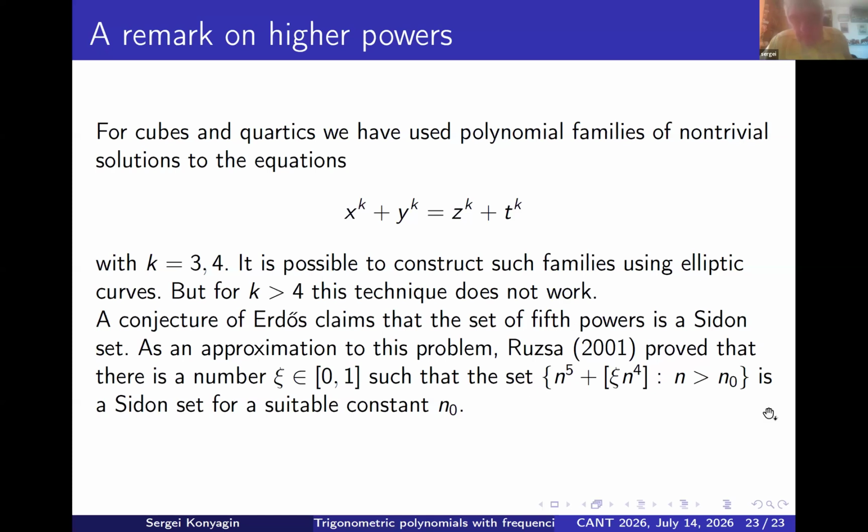But he proved it not for the whole set, but for the tail. So if we exclude a finite number of first elements of this set, then there is a Sidon set. Okay.